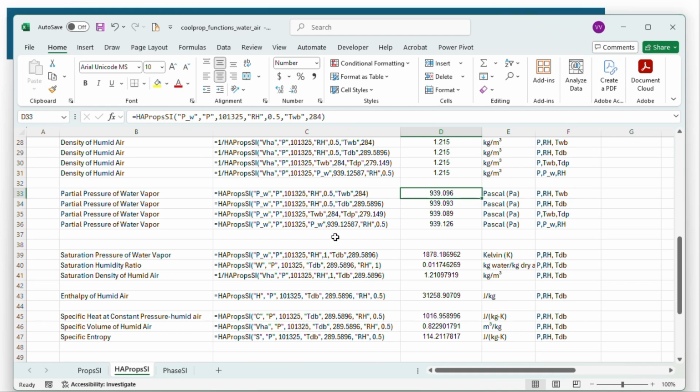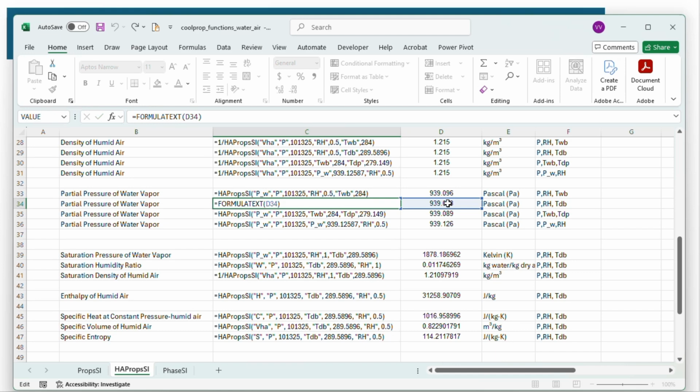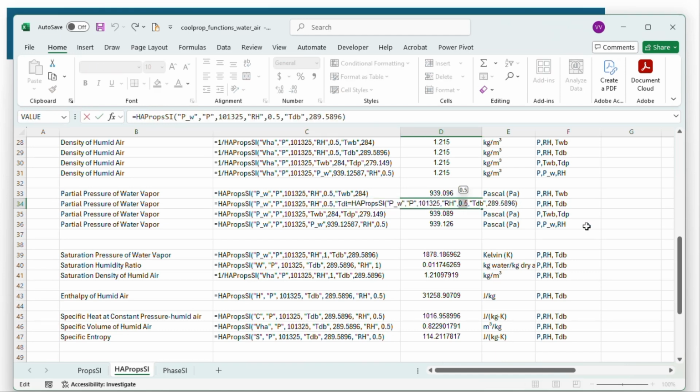The remaining pressure. And if you want to see the saturation pressure of water vapor under that same condition, what you will have to do is keep all the other variables the same and just change this to 100%.